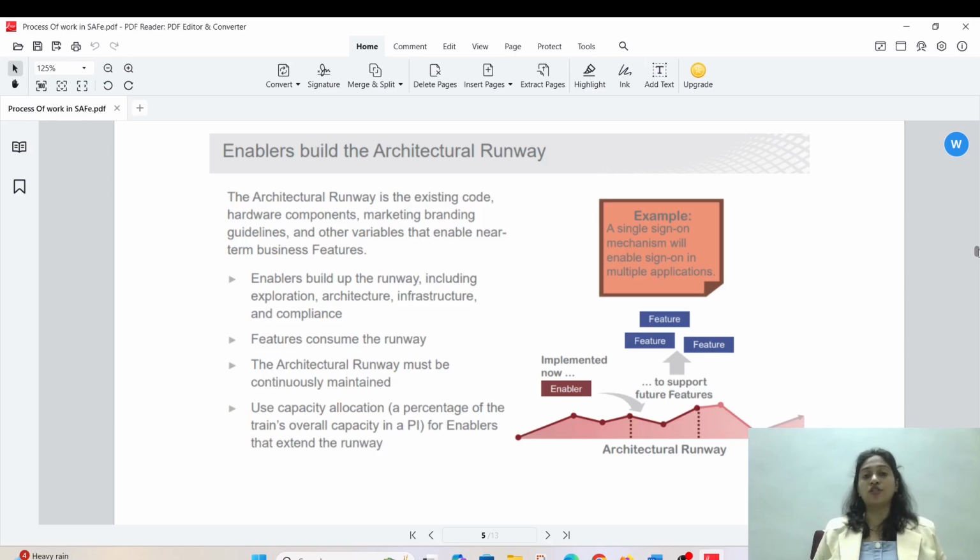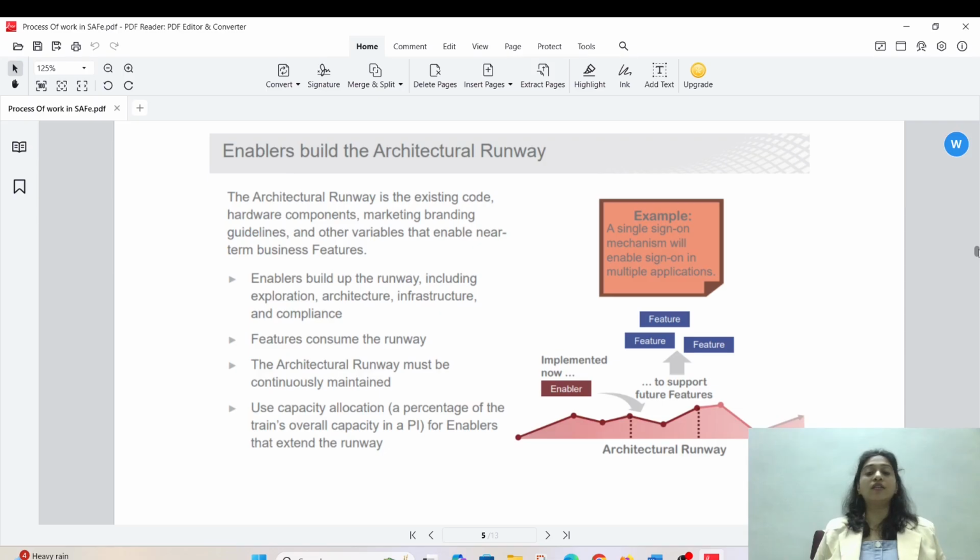Okay, this is the architectural runway. Enablers build up the runway, including exploration, architectural, infrastructure, and compliance. Features consume the runway, so the architectural runway must be continuously maintained. Use capacity allocation for enablers that extend the runway.